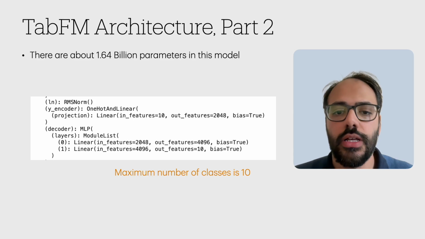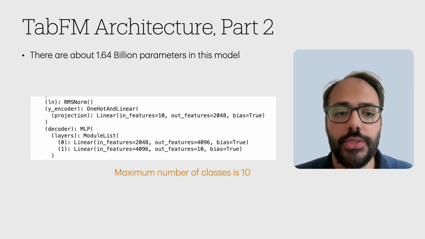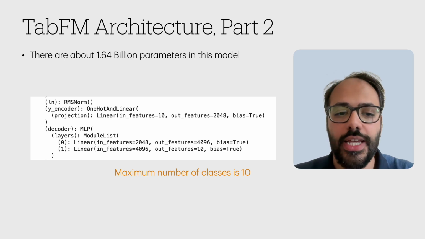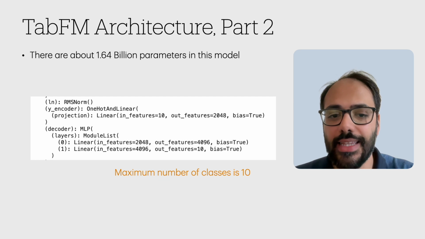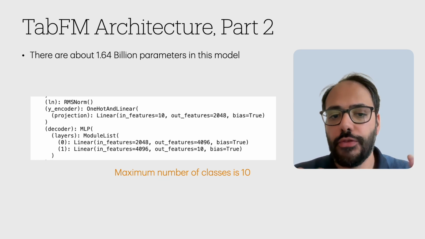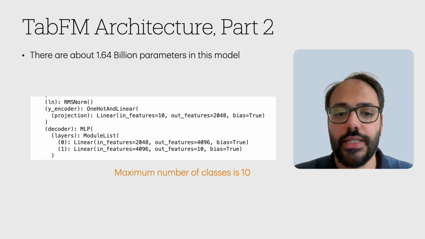2048 dimensional representation of these cells and columns. And then we take this from 2048 to 4096, which is 2 times the input features, and then we go from 4096 to 10, and this 10 is the maximum number of classes we can have. So if you have 2 classes, it's totally fine, but you cannot have anything more than 10 classes.